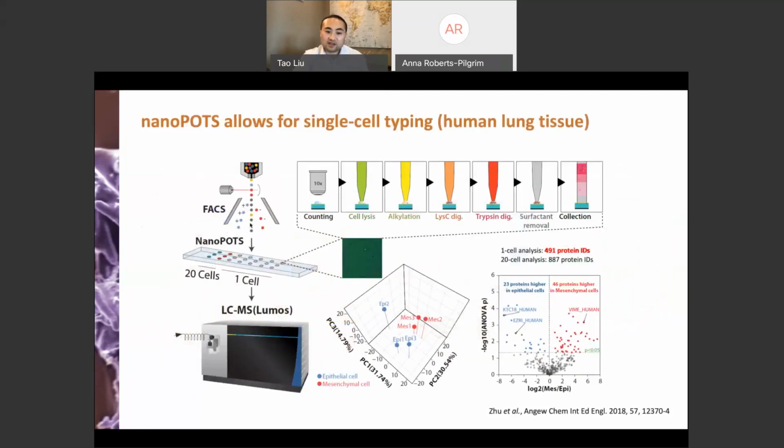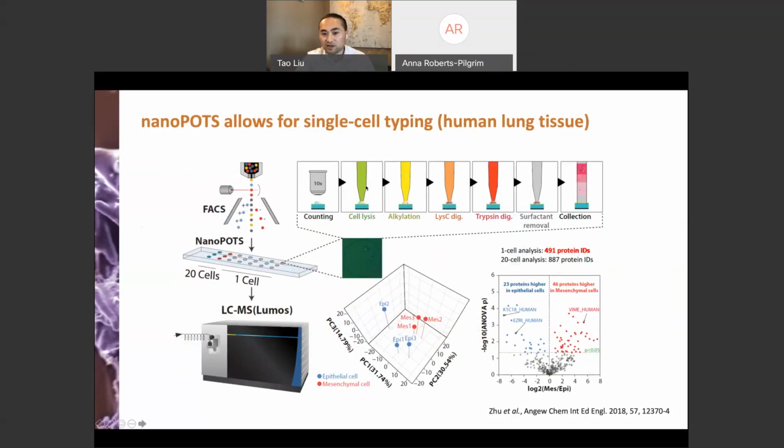This is one of the earlier applications we had using this nanowell workflow. Here I'm showing you an analysis of single cells or a small number of cells, in this case 20 cells, prepared freshly from human lung tissue. If you look at the single cell analysis from each cell, we're using label-free mass spec methods to analyze the protein content in these cells.